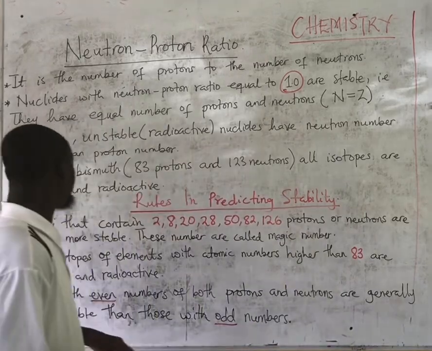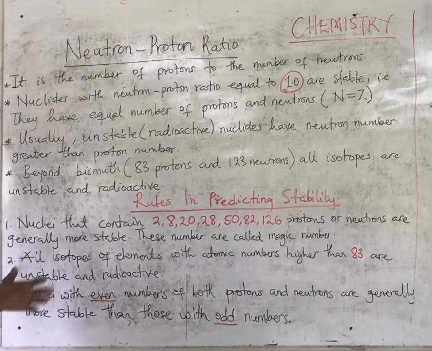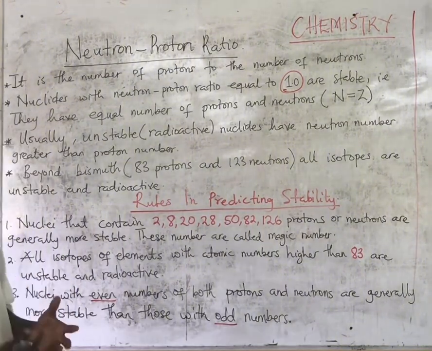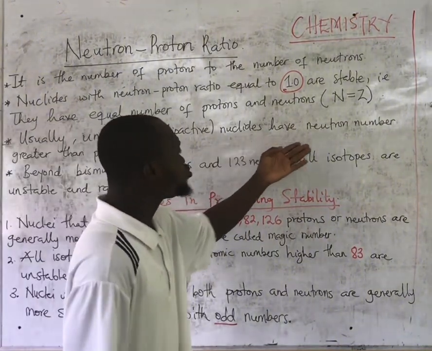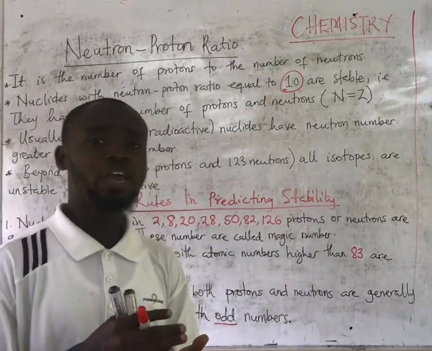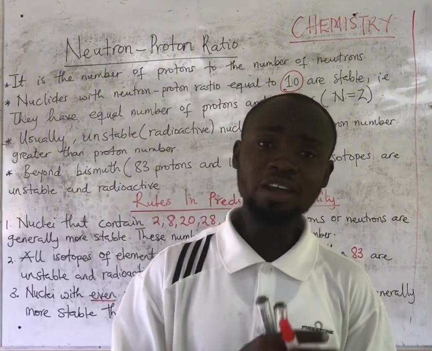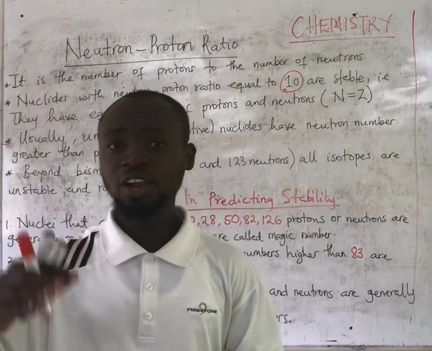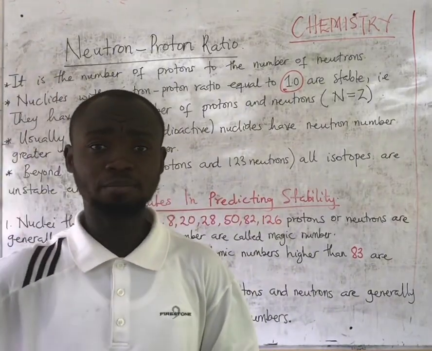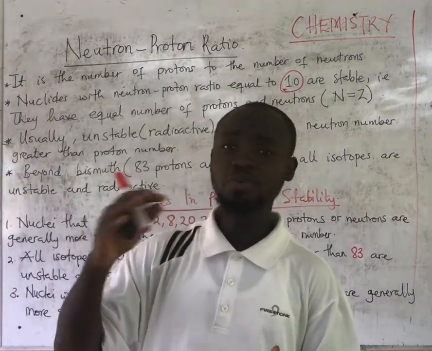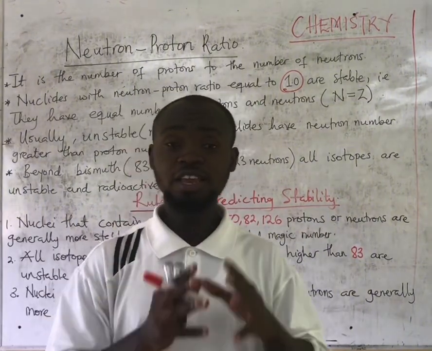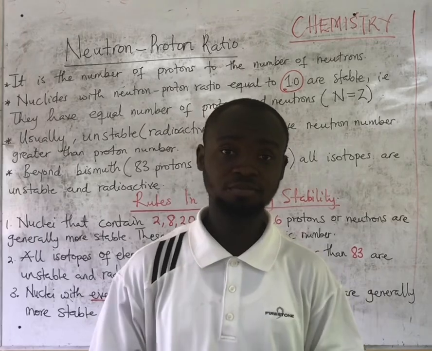Alright. Now another point here is that usually, unstable nuclides, that is the radioactive elements, particularly, have neutron numbers greater than the proton numbers. Ideally, moving from hydrogen, helium, lithium, beryllium, in that order, as the atomic number increases, the mass number also increases, and the number of neutrons in the nucleus also increases.